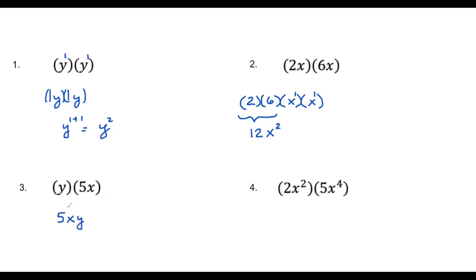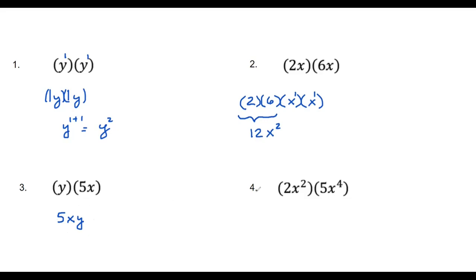Now, why did I write it in that order? Well, normally we write the number first, the coefficient, or the product of the coefficients will be first, and then the variables will appear in alphabetical order. So 5 times x times y. It just ended up being kind of a rearrangement of those terms.